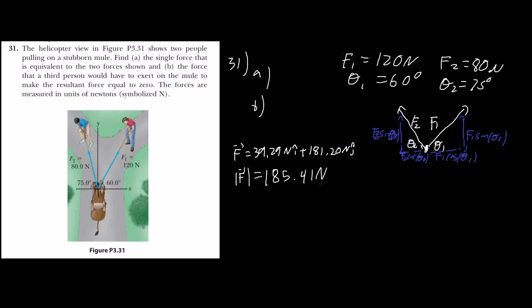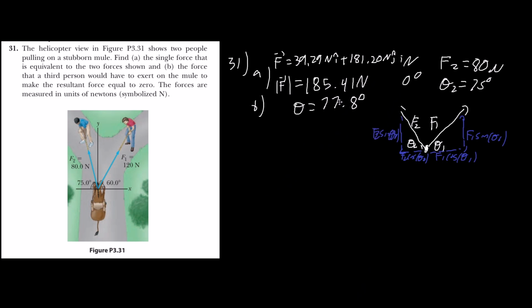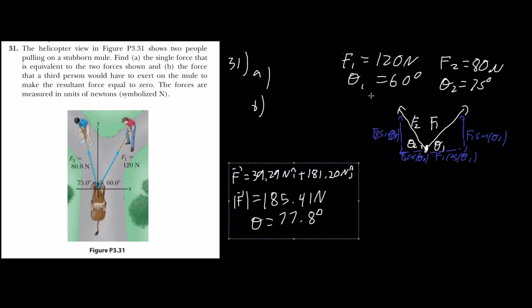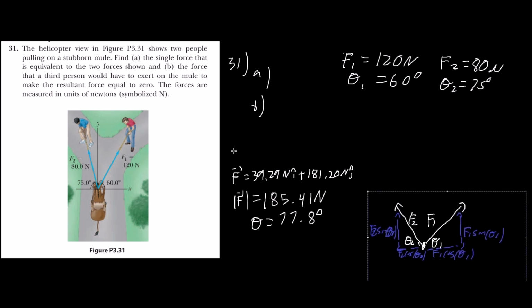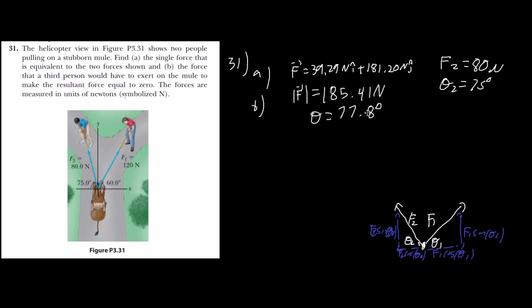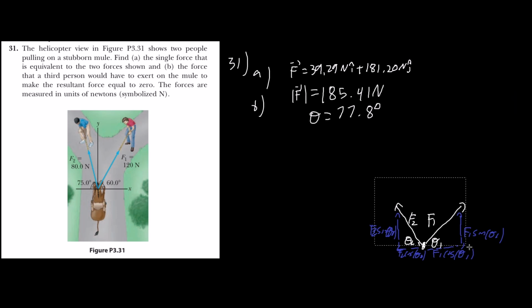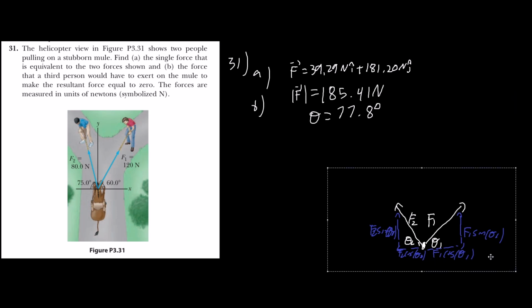So you don't even have to minus or plus or anything of that sort. So the angle is going to be 77.8 degrees. So this is going to be the resulting force that this guy would have to exert in order for the vectors to be zero. So I'm going to erase all this now. Notice that all we did is find the components.